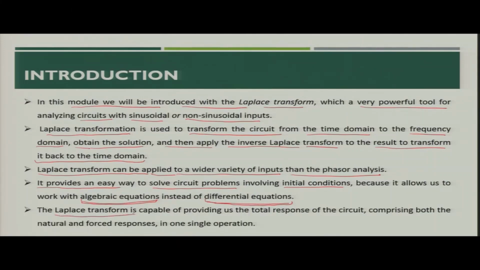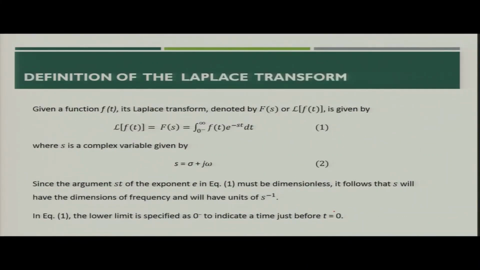The Laplace transform is capable of providing us the total response of the circuit, comprising both the natural as well as the forced response, and that comes in one single operation. Now, how do we define the Laplace transform?